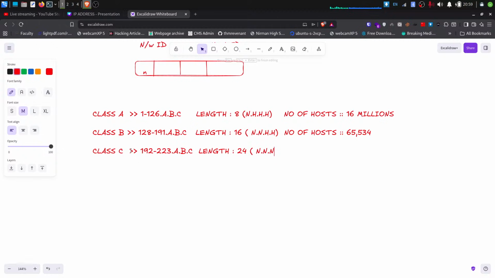We have three network parts and a single host part. Now the number of hosts: you'll just do a calculation here. 2 to the power 8, and we just have to do a minus thing here, and it would be how many hosts? 256 hosts. Perfect.